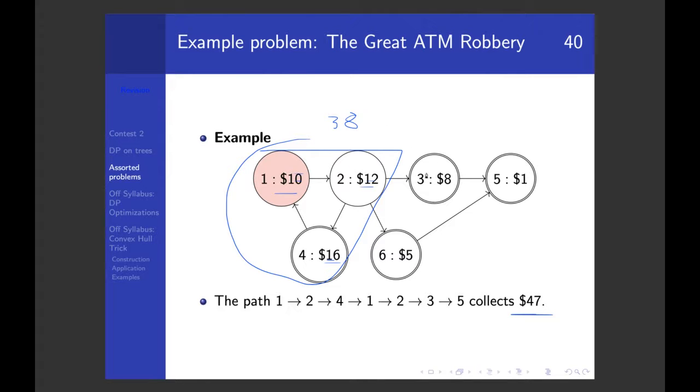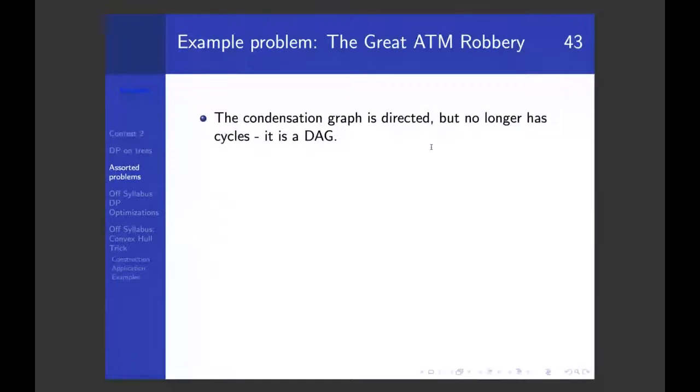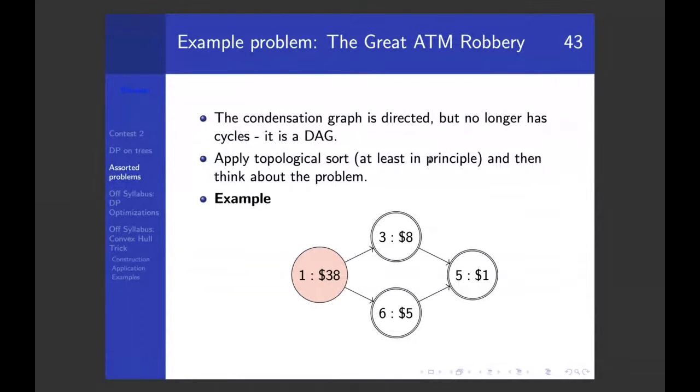And there are no other SCCs. This is the only SCC. And yes, 38 here, and then the rest of it as usual. So this is our compressed graph.